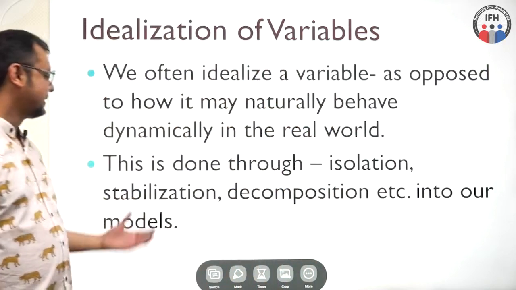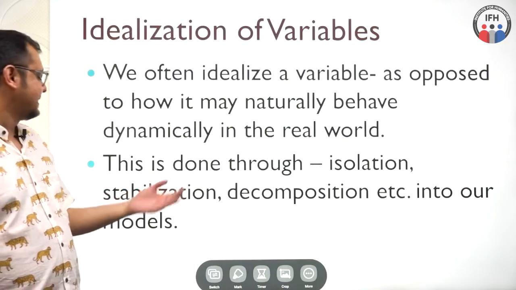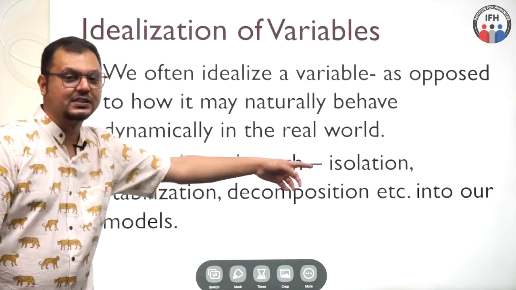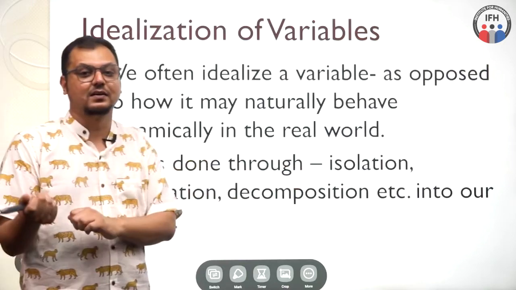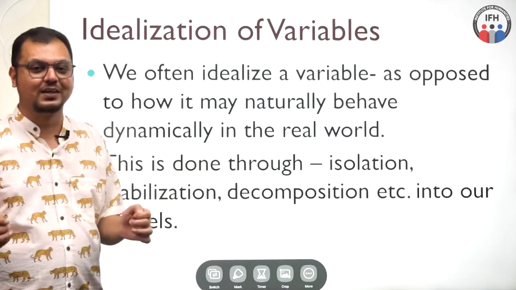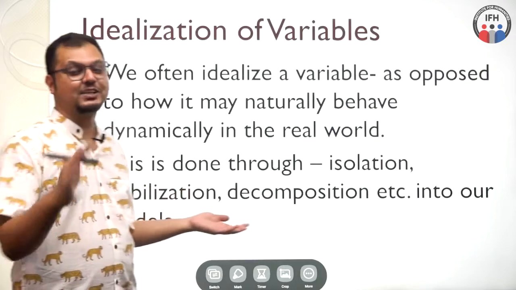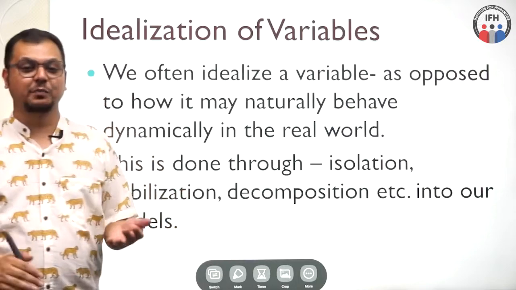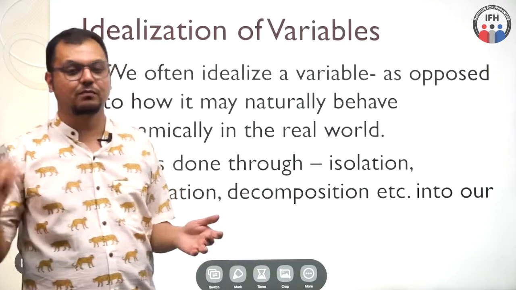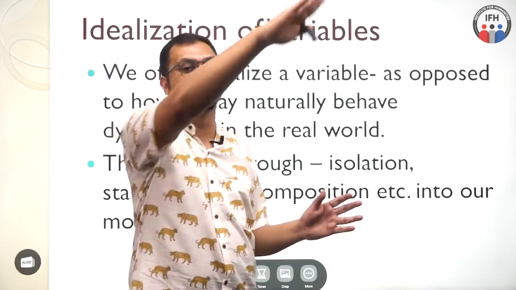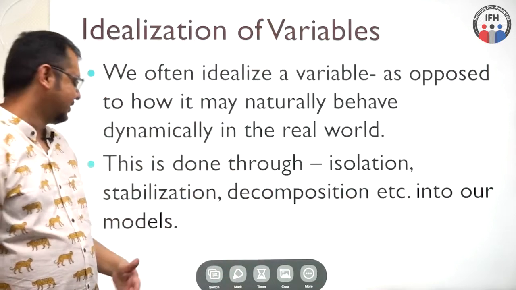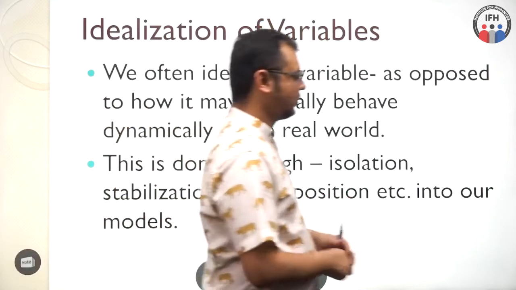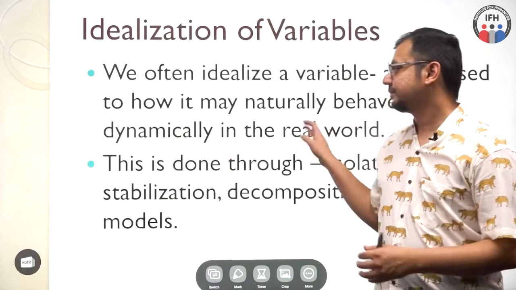This is done usually through a process of isolation, for instance, or stabilization, where a variable may actually be very volatile in the real world, but we stabilize the way it's behaving. Or it behaves in jerks, but we take its behavior to be a smooth trend so that it's easier for our analysis. Or decomposition, or any other, and so on and so forth.